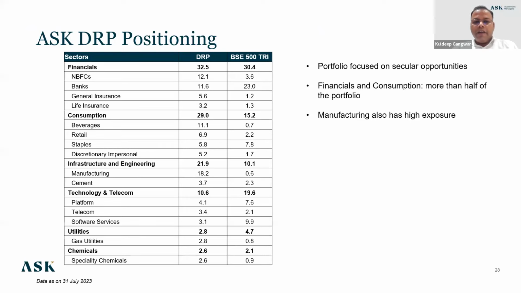Manufacturing is significantly overweight in this particular portfolio. So whether it's APL Apollo, Polycab, KEI, those are the companies giving the exposure towards manufacturing. Then there are companies like Bharti and Reliance, which provide some coverage for technology and telecom.